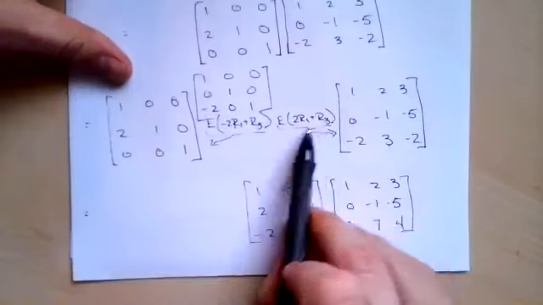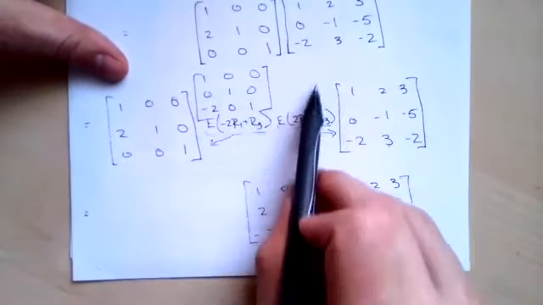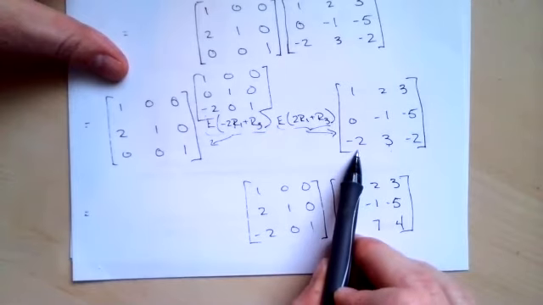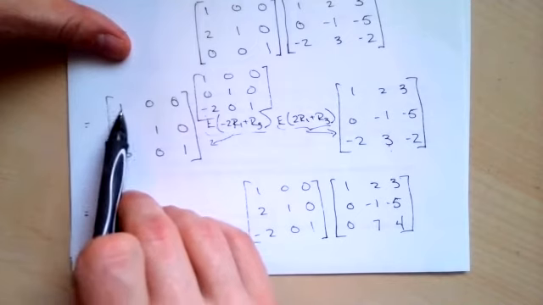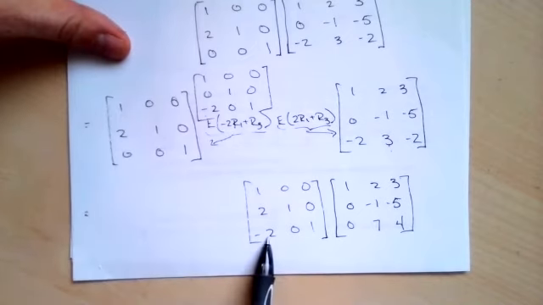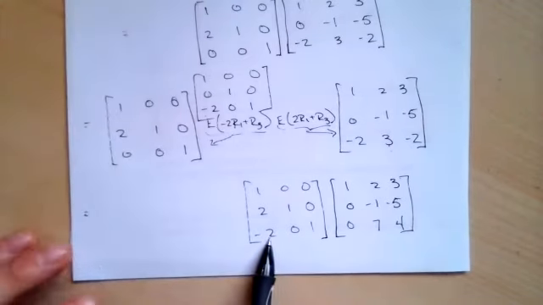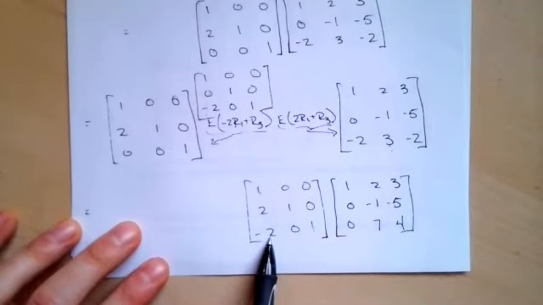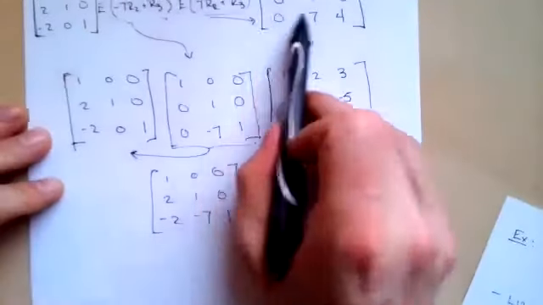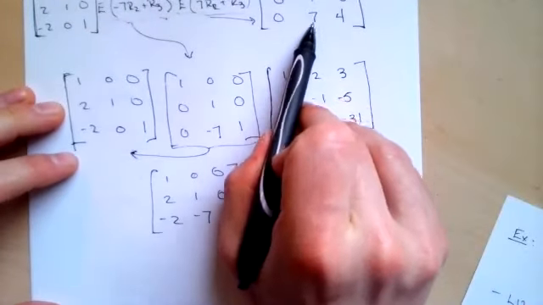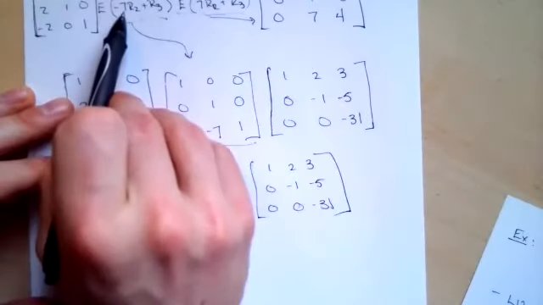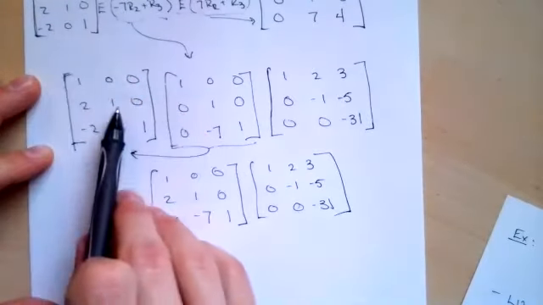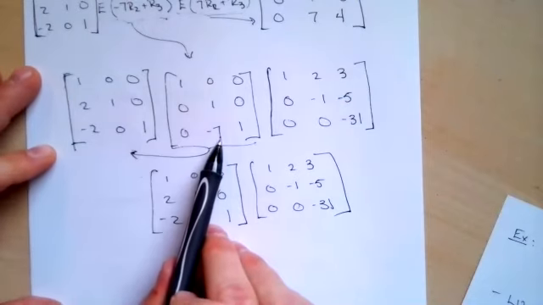Then we took positive 2 times the first row and added it to the third, which means on the matrix to the left, we take negative 2 times the first row and add it to the third. And then likewise with our last step. I took 7 times the second row and added it to the third. So we should take negative 7 times the second row and add it to the third.